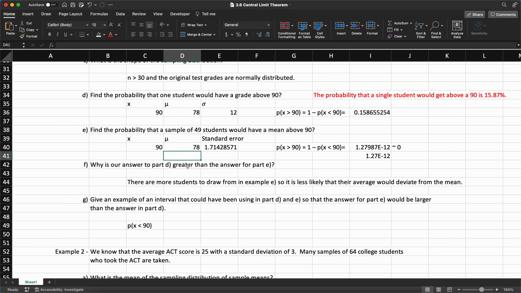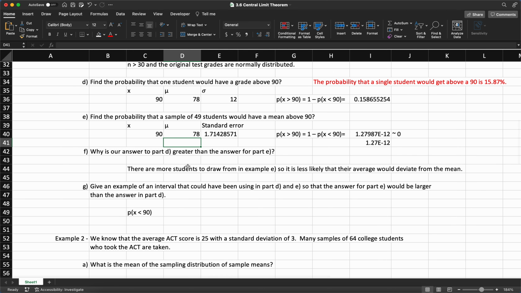It is very unlikely that we're going to sample 20, 30, 40, 50, 100 students and not have a mean close to 78.